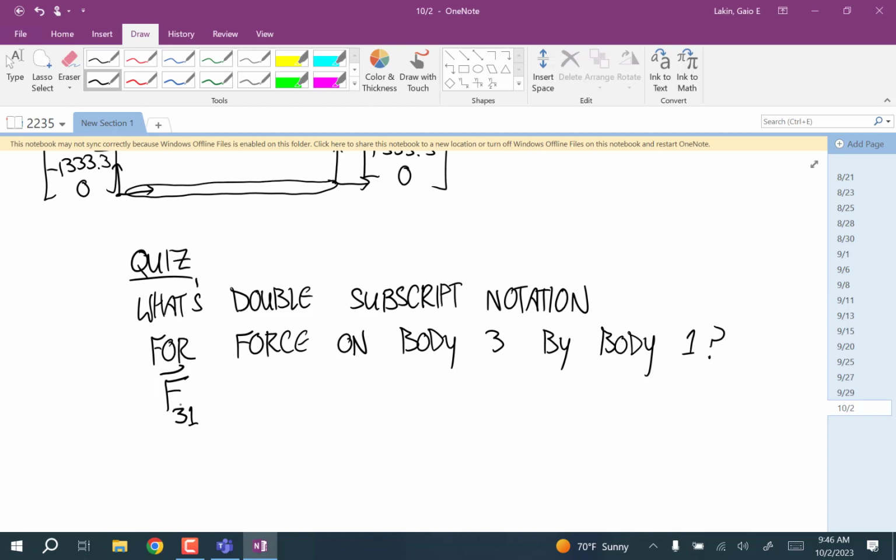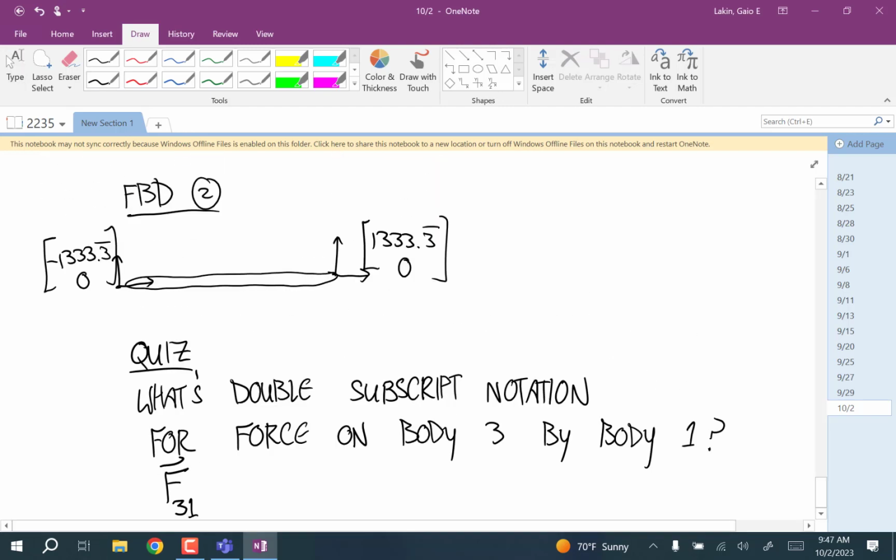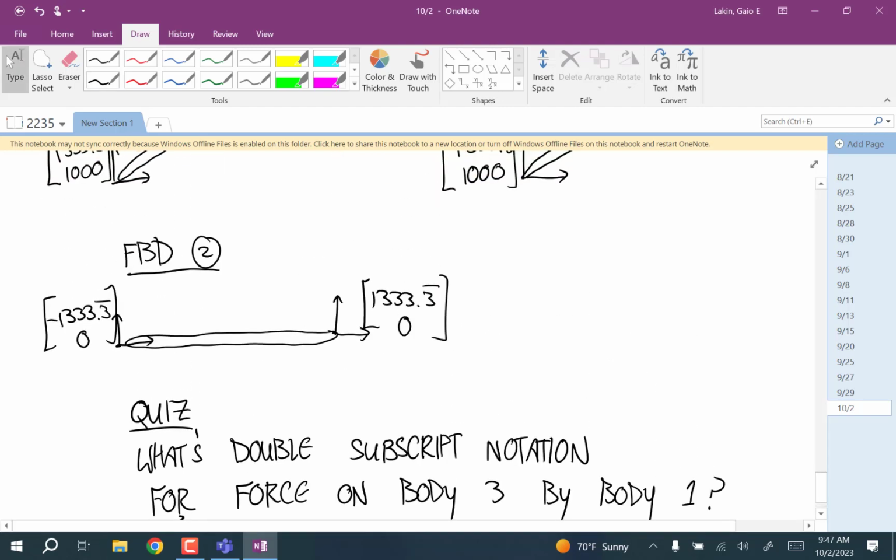How can these problems get more tricky? There's really only one way to make this tricky. Once you sort of have the system down, and that is to have more than 2 bodies connecting at a single joint. Okay?